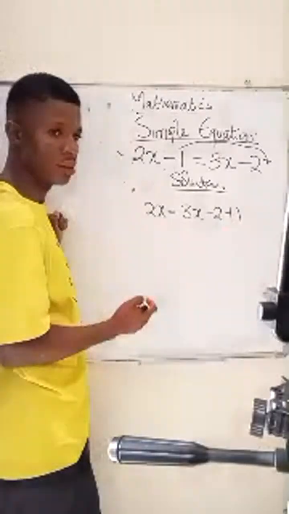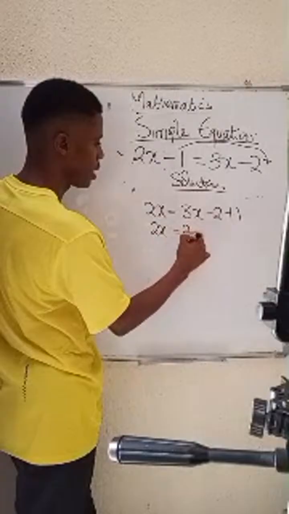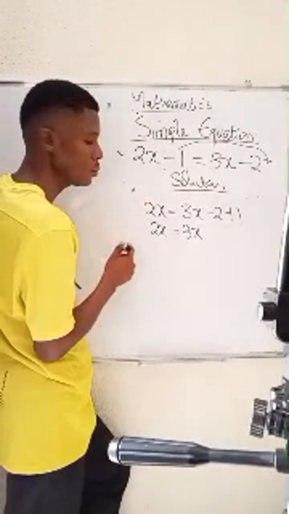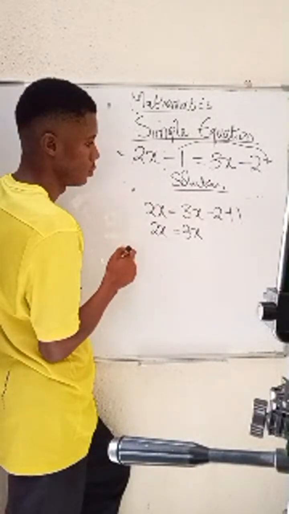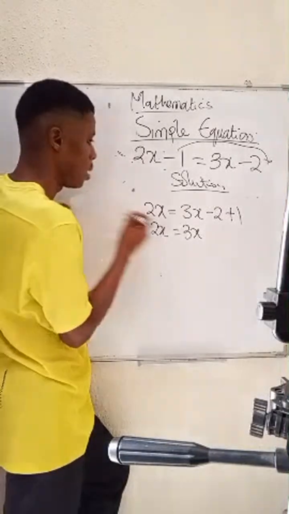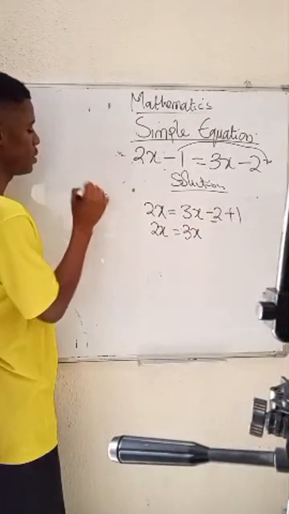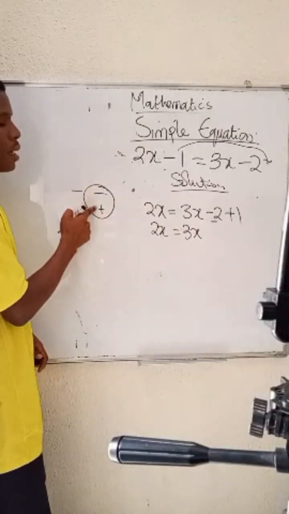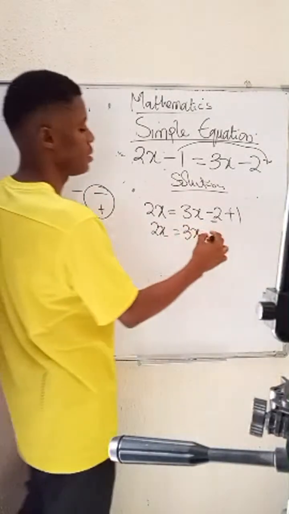What is minus 2 plus 1? This is minus 2, and we are adding 1. So the minus and plus 1 cancel, and you are left with a single minus. So the answer is -1.